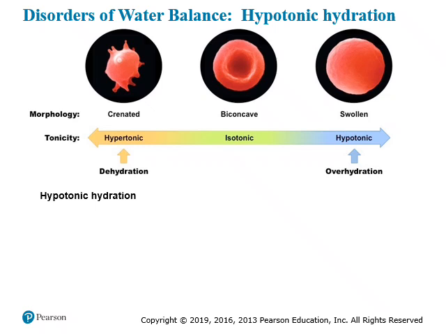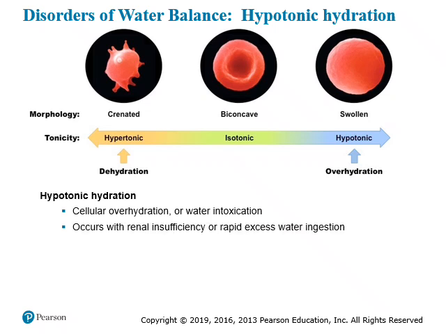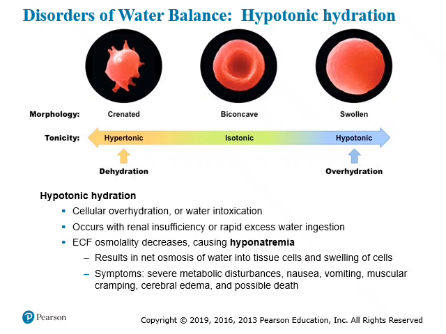So, hypotonic hydration refers to cellular overhydration or water intoxication. It occurs with renal insufficiency or rapid excess water ingestion. The extracellular fluid osmolality would decrease, causing hyponatremia. Natremia is the content of sodium.